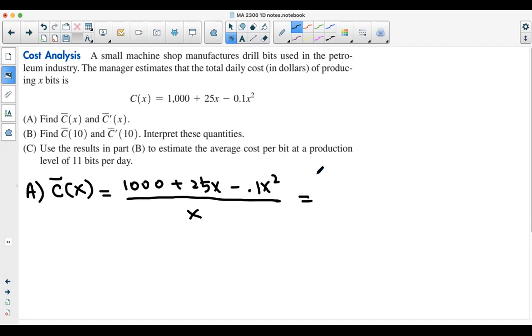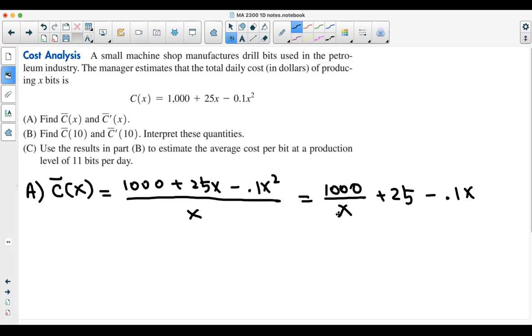I'm just doing that for derivative purposes. So we get 1000 over x plus 25, because 25x divided by x becomes that, and minus 0.1x, because x squared divided by x gets you just x.